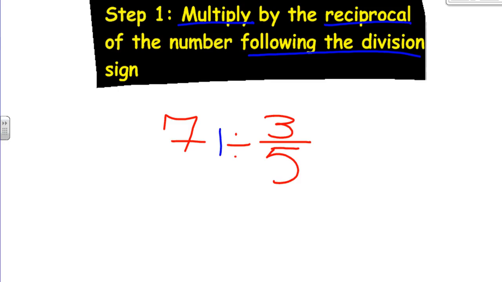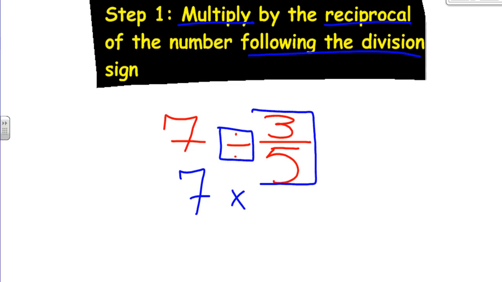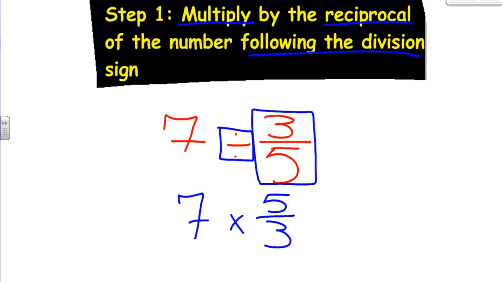So instead of dividing here, I'm actually going to take my first number, 7, times the reciprocal of this number. So I'm going to take 7 times 5 over 3, the reciprocal. Notice that this number did not change.